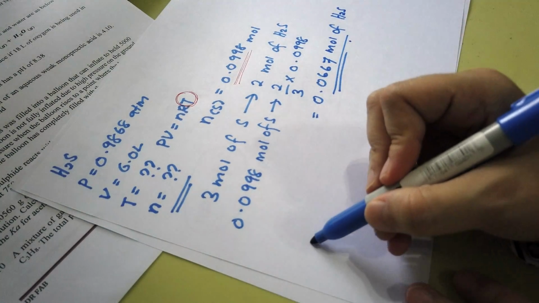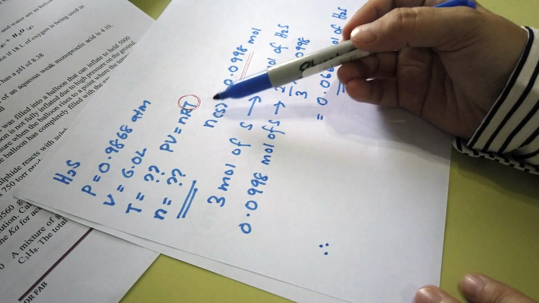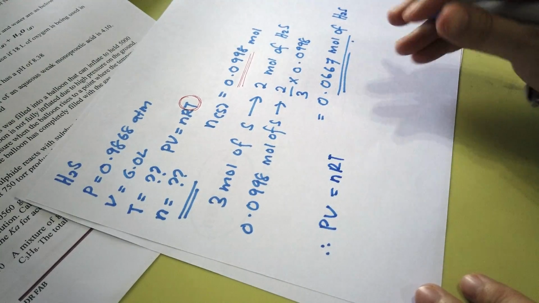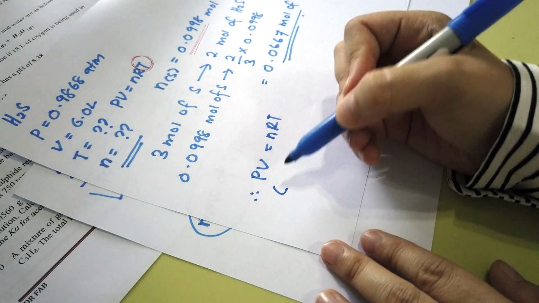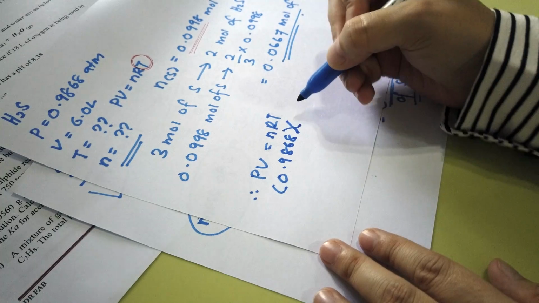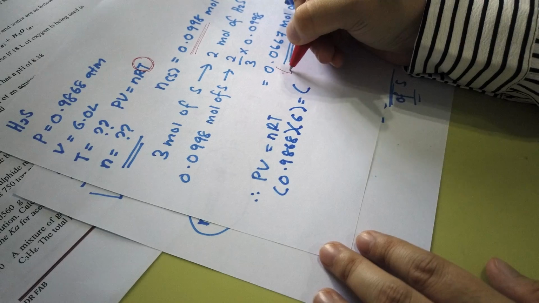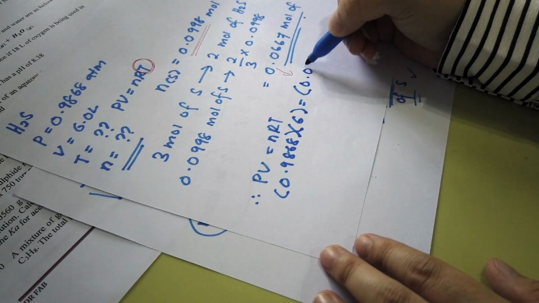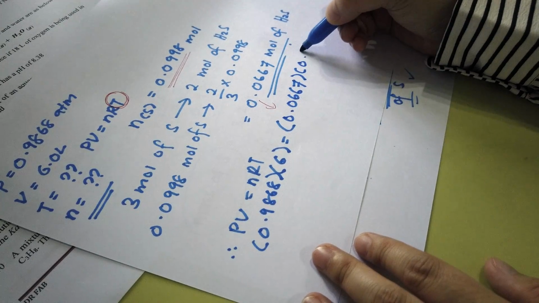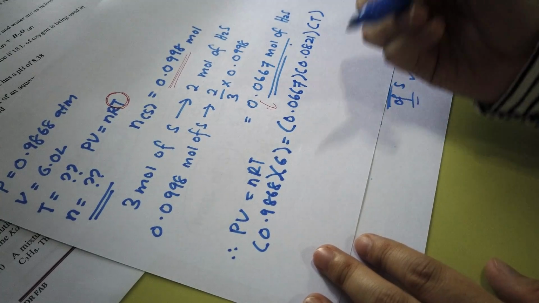Okay. Therefore, you can plug in all these values in the ideal gas law equation. PV equals nRT. Your pressure is 0.9868. Volume is 6 liter. n is this one, 0.0667. R is a constant value, 0.0821. And your T is the one that you want to calculate.